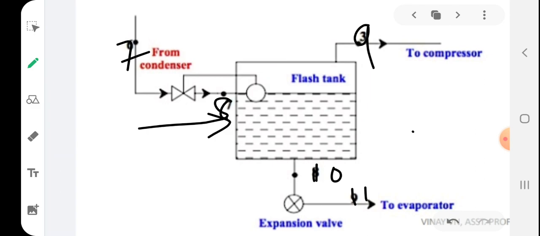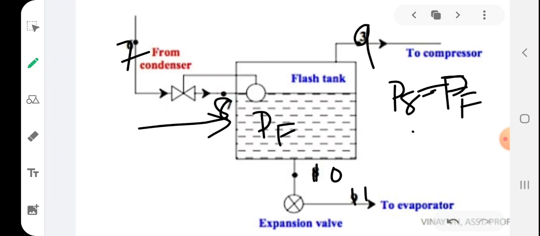Okay, after getting condensed in the condenser, the liquid refrigerant passes through the expander valve and gets expanded to an intermediate pressure PF. So P8 is equal to PF only, the intermediate pressure of the flash chamber. So the refrigerant entering the flash chamber consists of liquid and vapor.